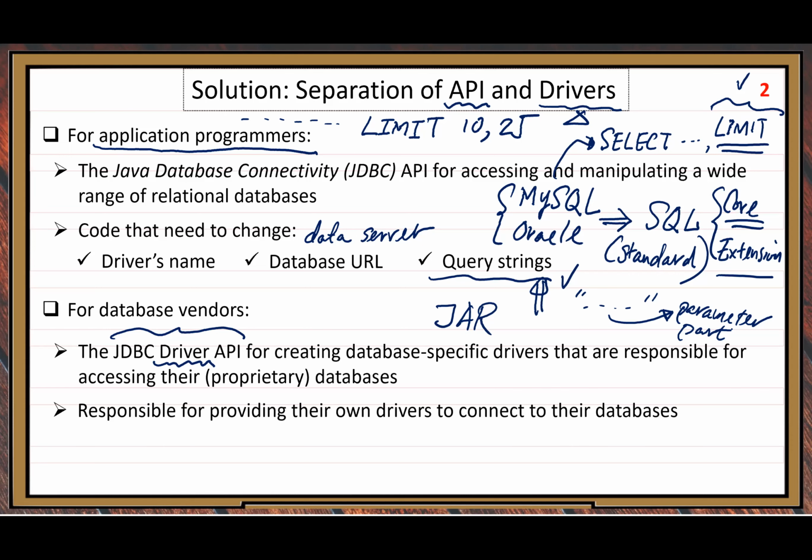You can see this simple idea even works for future DBMS products; those vendors just provide their own drivers. So we don't worry. We just download, put them in an appropriate location, then we just use them. How easy it is. So we complete this part.